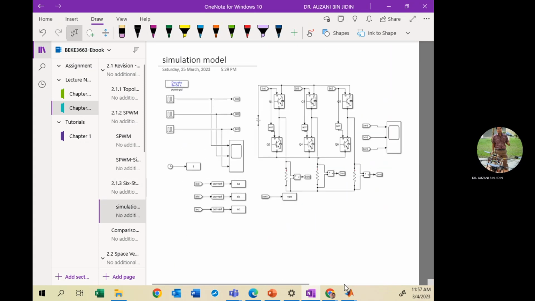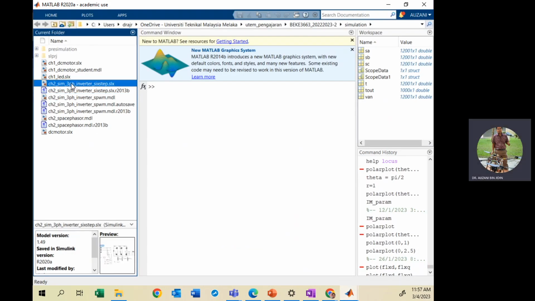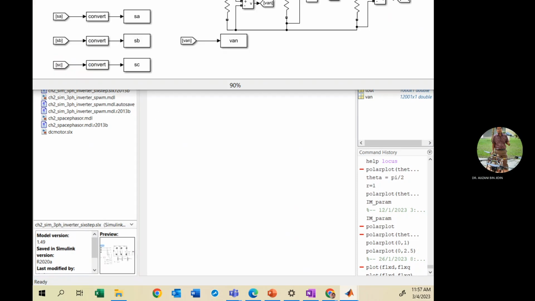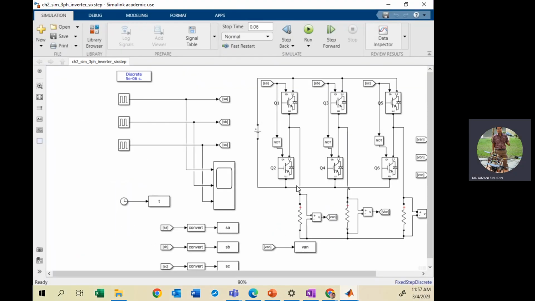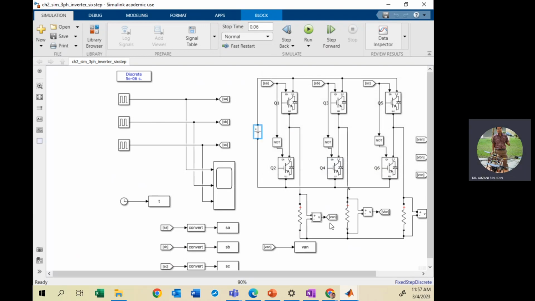Okay, simulation. Simulation for the 6-step. Yeah, this one. Same inverter circuit, same load, same DC voltage, 100 volt, but the control part is different.